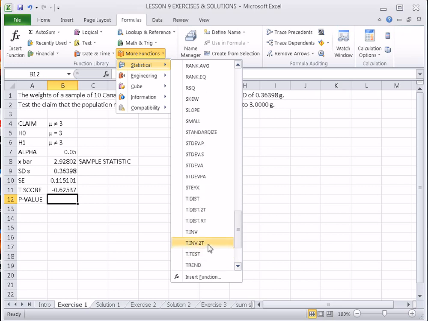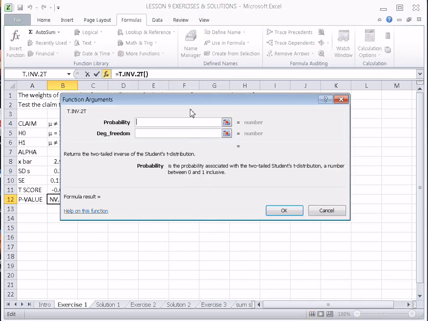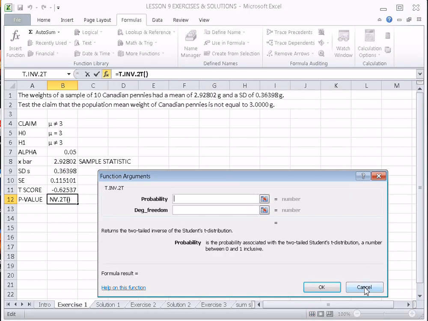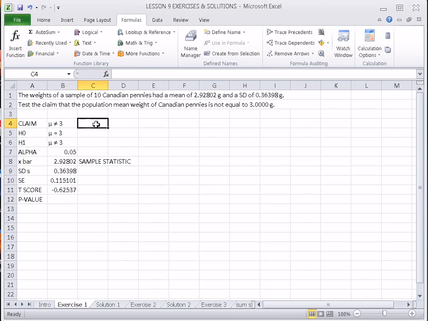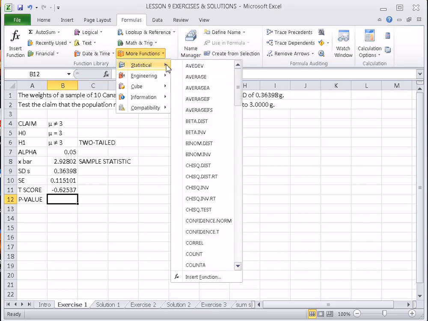Now notice here, I need to do a two-tailed test because the alternative hypothesis is a not equals to. Not equals to means two tails, so we need a t dist 2t. So let's go back to t dist 2t.